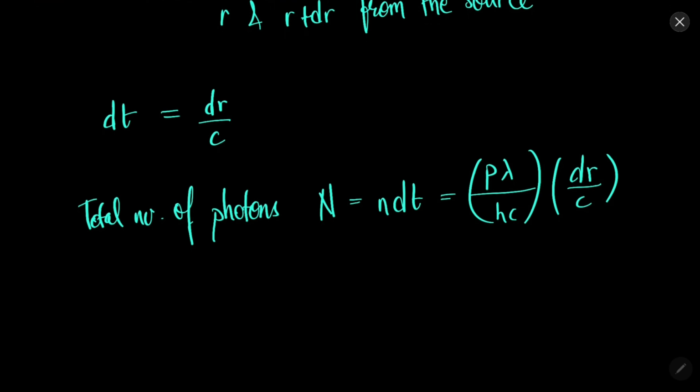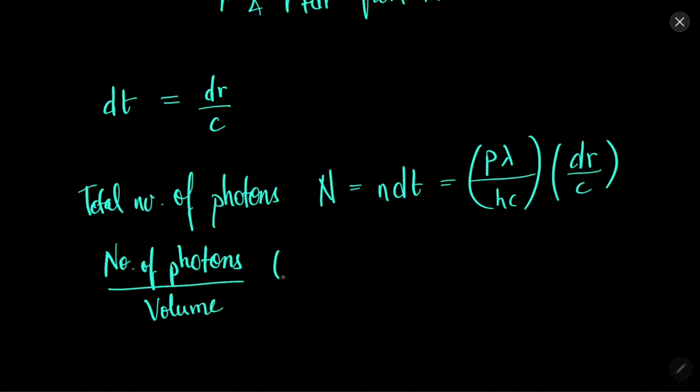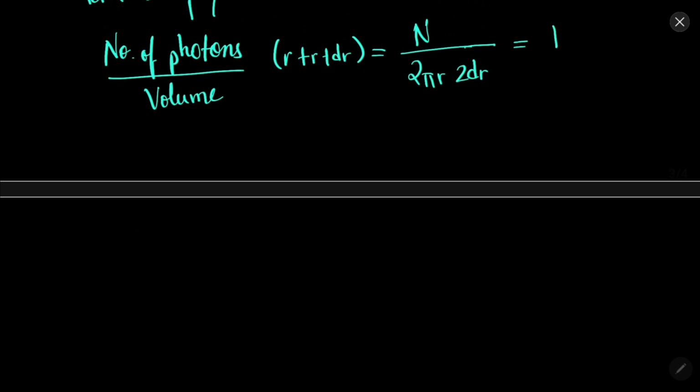Now if we consider that the points are on a spherical shell, then the number of photons per unit volume in the shell from distance r to r plus dr will be n over 4 pi r squared dr. And it will be equal to P lambda dr over hc squared.